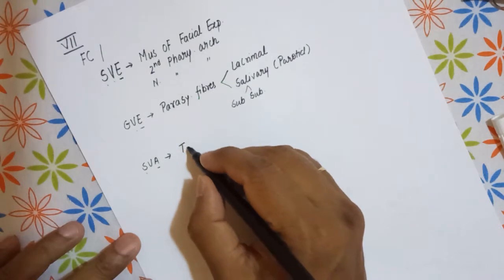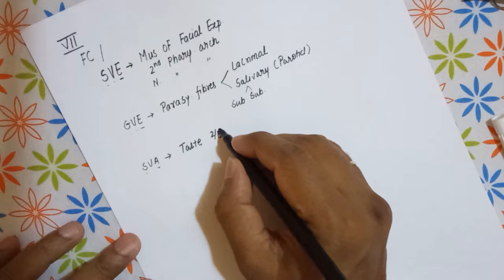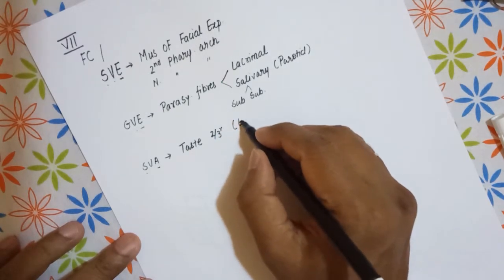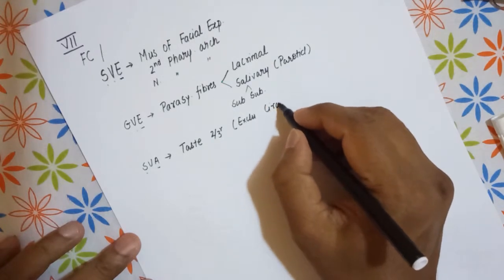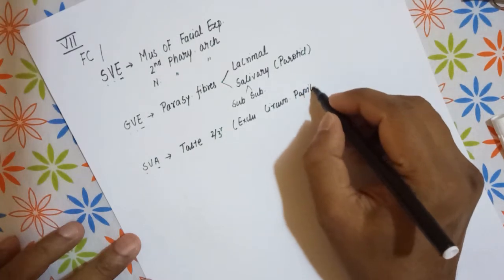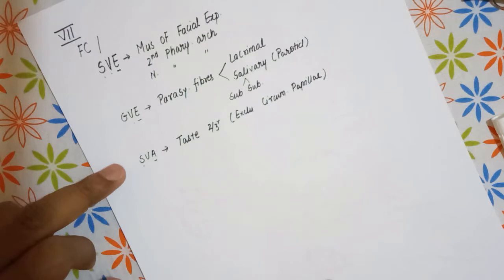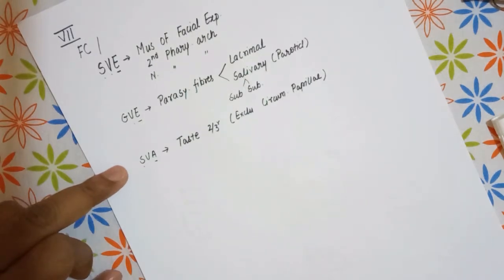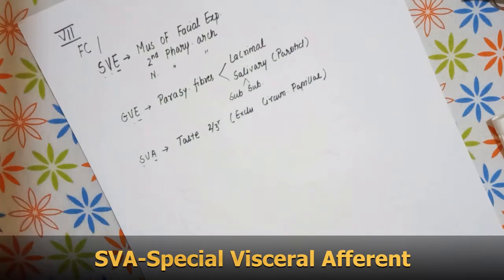So the taste fibers from the anterior 2/3 of the tongue, excluding the circumvallate papillae, are carried by the facial nerve. So the taste sensation, which is a special characteristic of function, is carried by the facial nerve from the anterior 2/3 of the tongue.